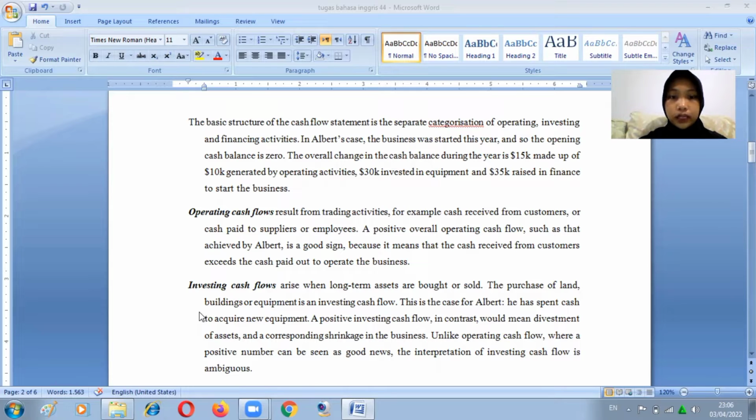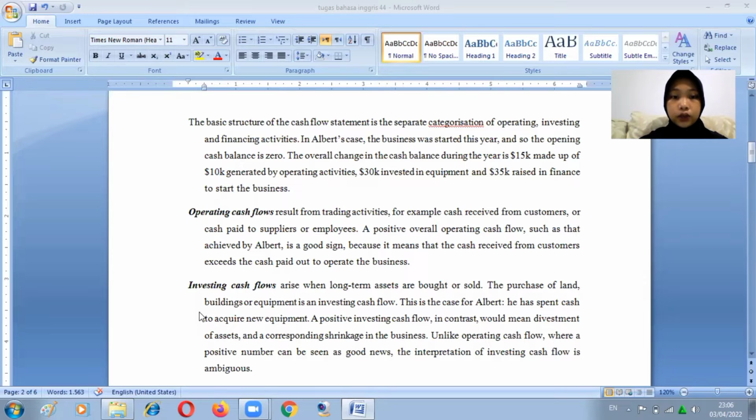The overall change in the cash balance during the year is 15,000, made up of 10,000 generated by operating activity, 30,000 invested in equipment, and 35,000 raised in finance to start the business.